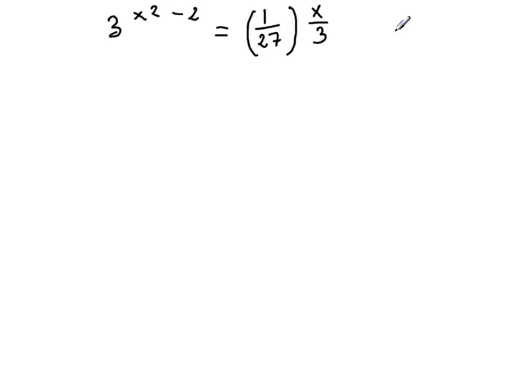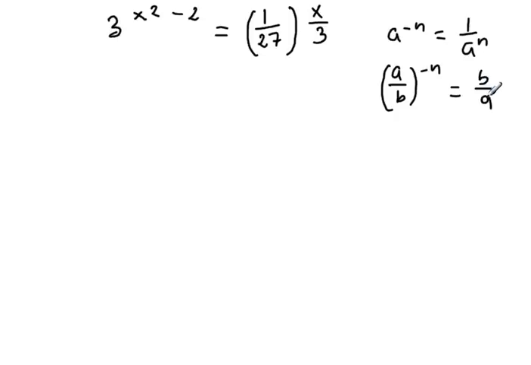So let us go back and recall the negative exponent rule. So a to negative n is equivalent to 1 over a to exponent n. Then we can work in the same fashion with a rational expression to a negative exponent. So when you do the reciprocal, you would be flipping b over a to exponent n.